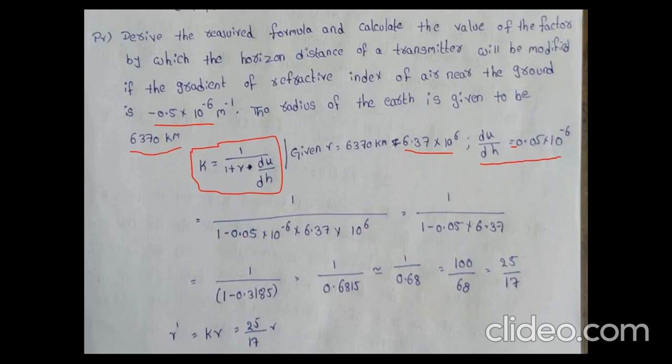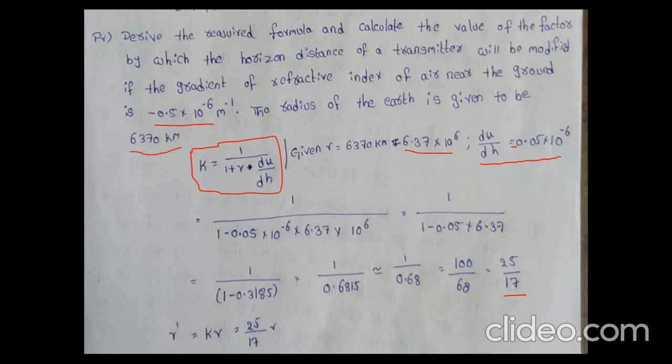Plus 6 and minus 6 cancel, and it becomes 1 minus 0.05 into 6.37, which is 1 minus 0.3185, and 1 by 0.6815. Approximately it becomes 1 by 0.68, which after decimal conversion is 100 by 68, or you can directly calculate using your calculator, and it is nothing but 25 by 17 in fraction.